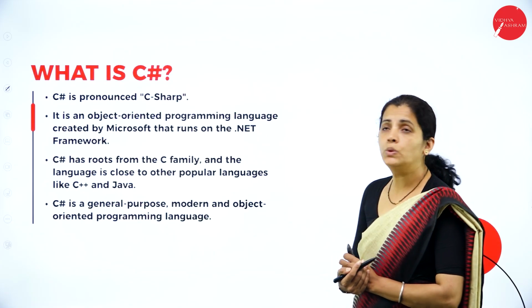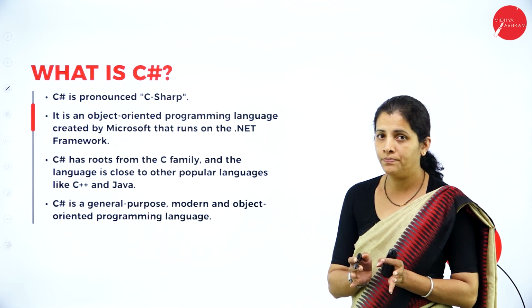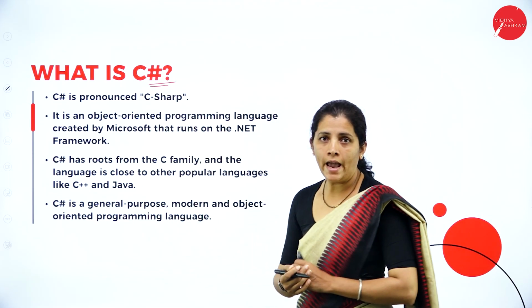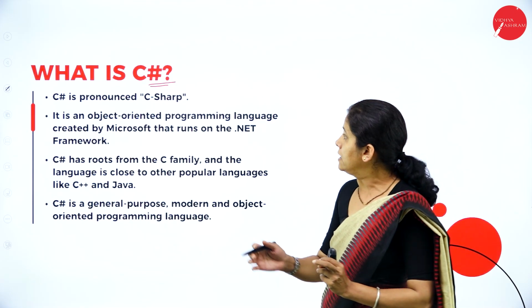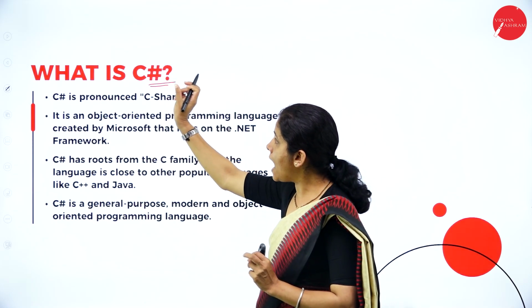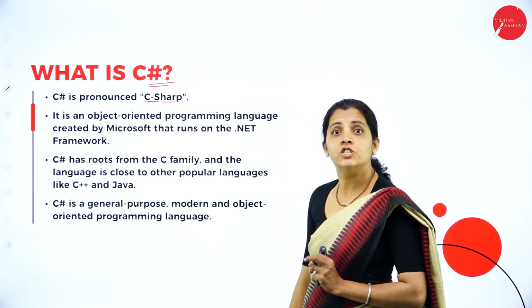Now let me discuss what is C#. So it is a hashtag, right? Everyone is familiar with the hashtag. Okay, fine. Now this C along with this hashtag is pronounced as C#.